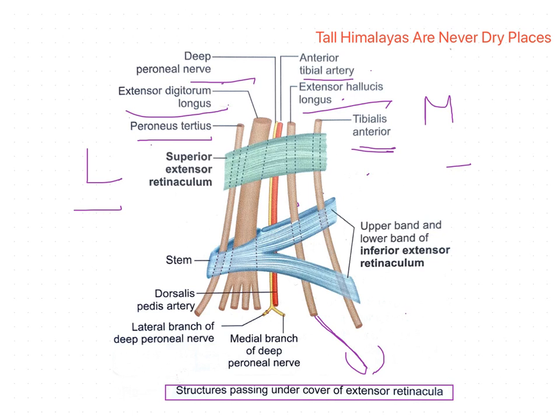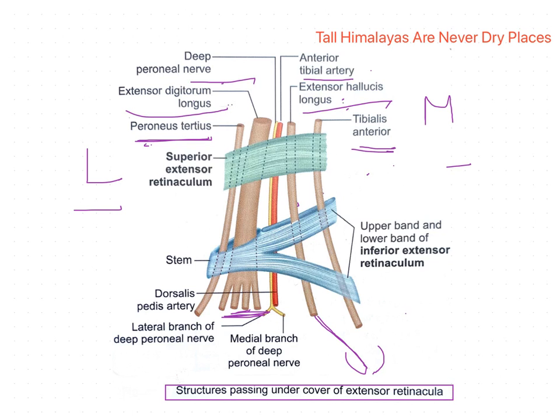On the lateral aspect, you can find the extensor digitorum longus and peroneus tertius. The remaining digits are supplied by the extensor digitorum longus and the peroneus tertius. So these are the 4 muscle tendons which pass under the cover of it.